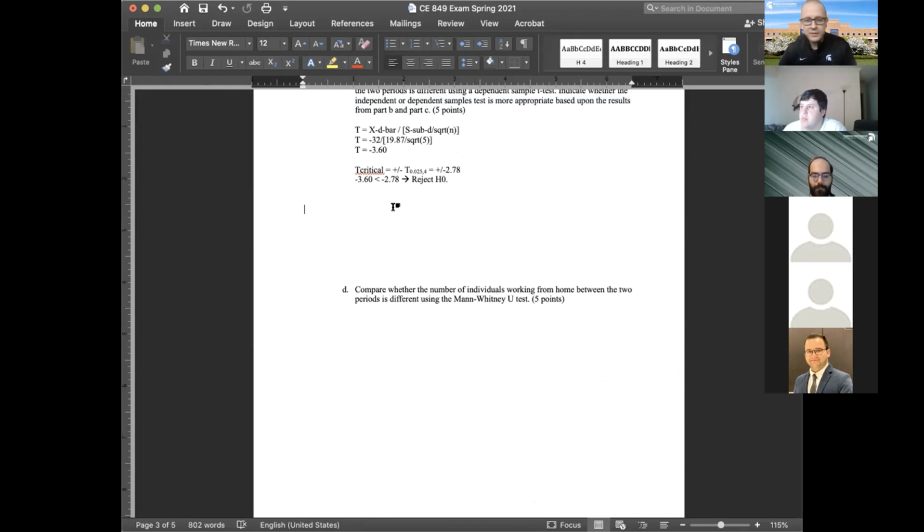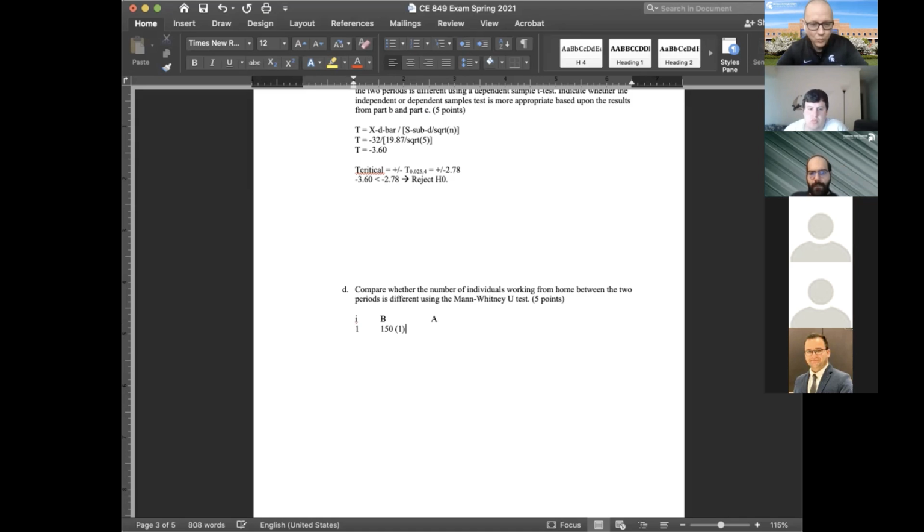All right, and then the last item here is the Mann-Whitney U, which of course is the non-parametric alternative. And so in this case, we basically went through and we ranked each of those observations. So to make this a bit easier to follow, let's see how well this works. So the first observation, we had a 150 and that was the lowest ranked.